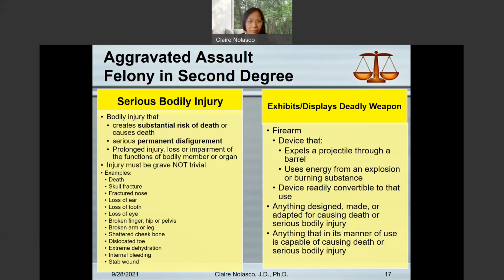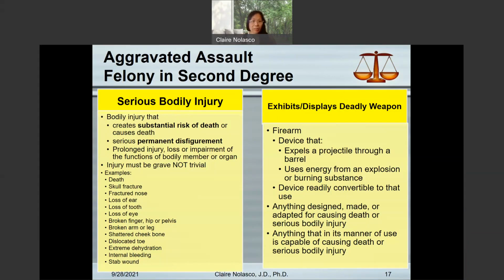Now, simple assault can be aggravated in two conditions, in which case it is transformed from a simple misdemeanor offense to a felony in the second degree. Two situations of aggravated assault are, first, assault by serious bodily injury. So what does it mean?